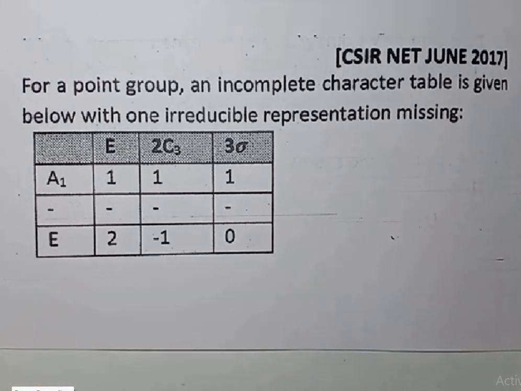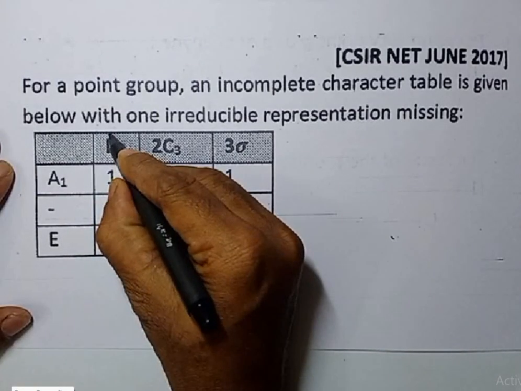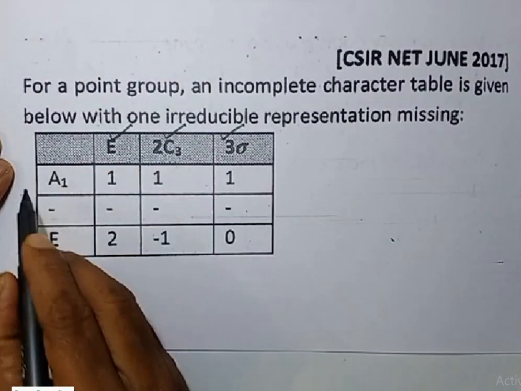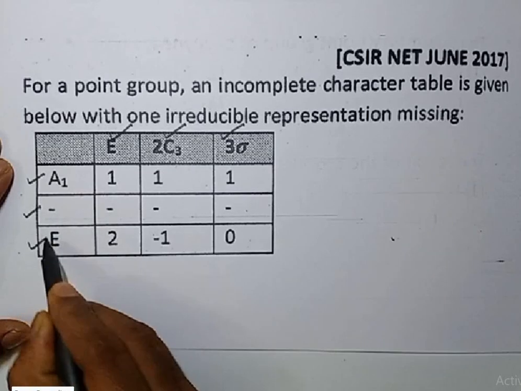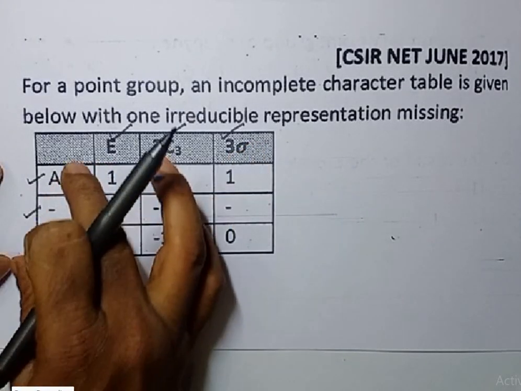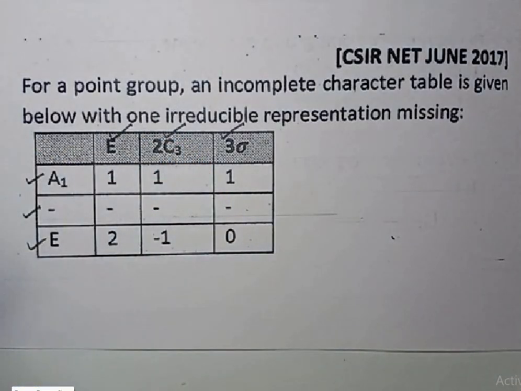I didn't give the options here. You yourself try and tell me what could be the answer. See, in this character table, there are 3 classes, so there should be 3 irreducible representations. This is very important: the number of classes is equal to the number of irreducible representations.